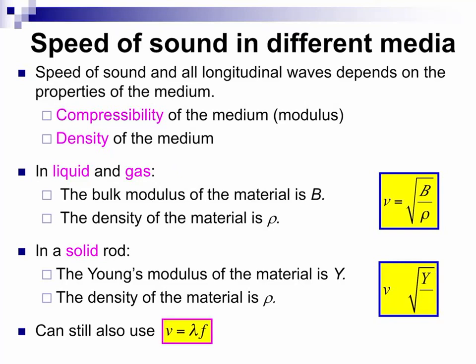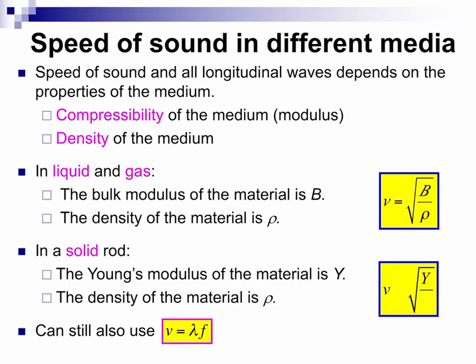Usually, if you have a wave propagating through a material and you know the properties of the material, you can find the speed through this equation relating the speed to the properties of the material. And then from that speed, you can determine the wavelength of the wave. So all these equations still hold for sound waves.